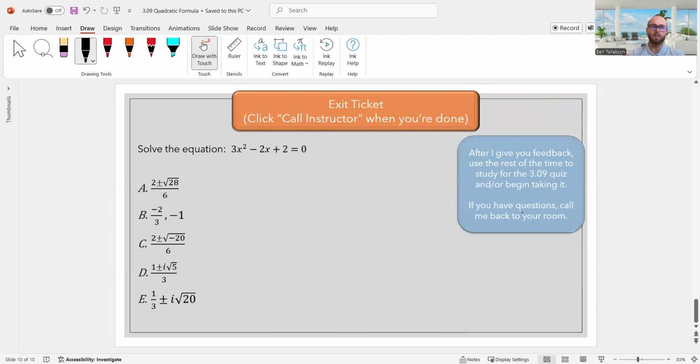Let's do one last problem together today. This is the exit tickets. Solve the equation. It's up to you to figure out what method you want to use to solve this. What methods will work? You have a quadratic, leading coefficient is greater than 1.